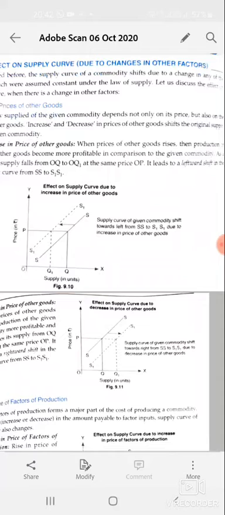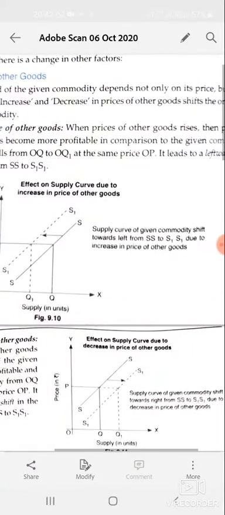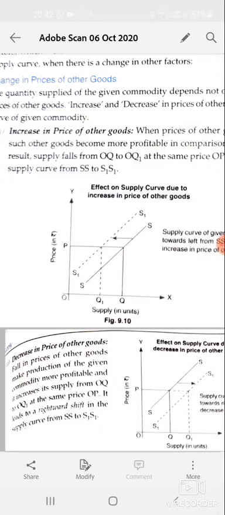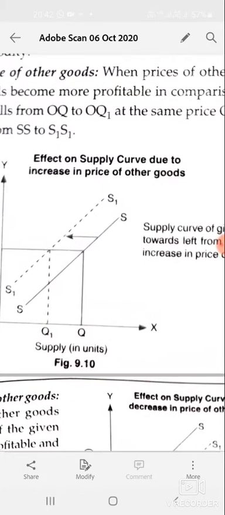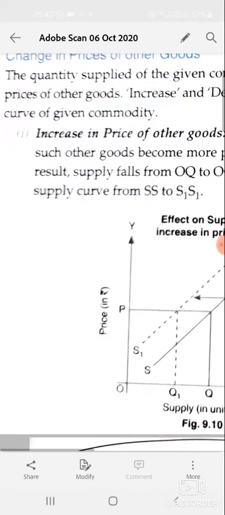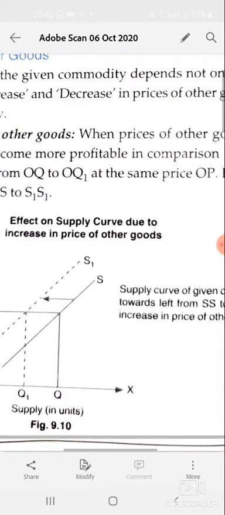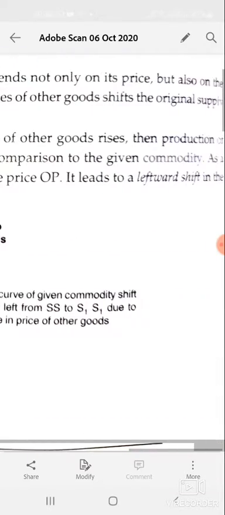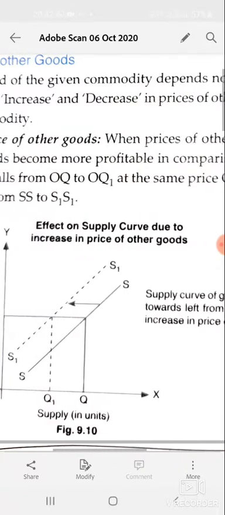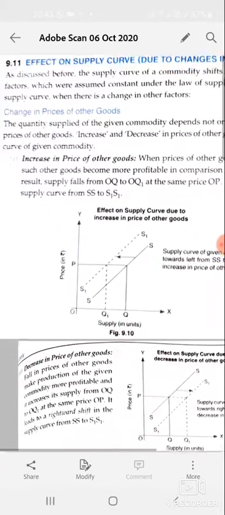As a result, the supply of x increases and the supply of y falls. Here we are taking the price of x and the supply of y. Remember, if the price increases, supply falls from OQ to OQ1 at the same price OP, which leads to a leftward shift in the supply curve. That is the first graph.